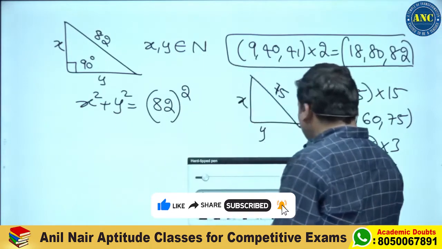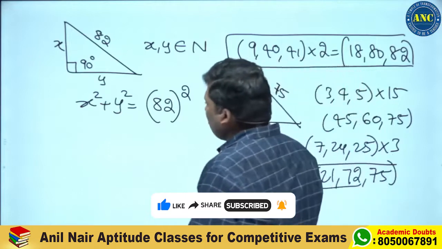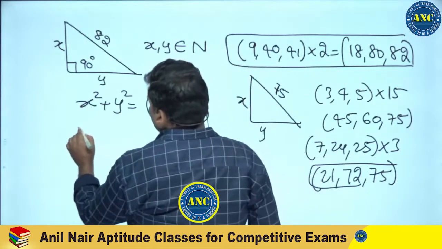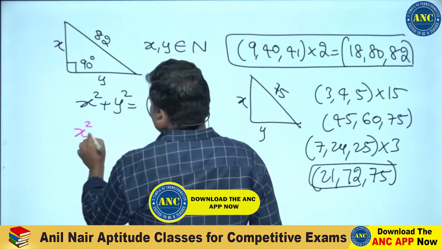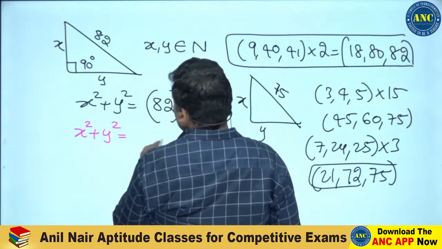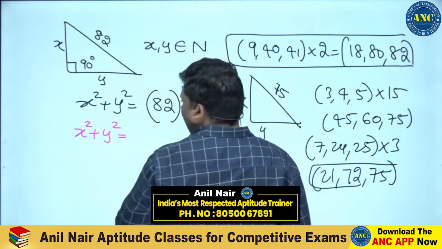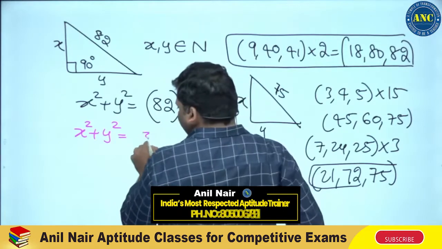X square plus Y square is equivalent to 82 whole square.